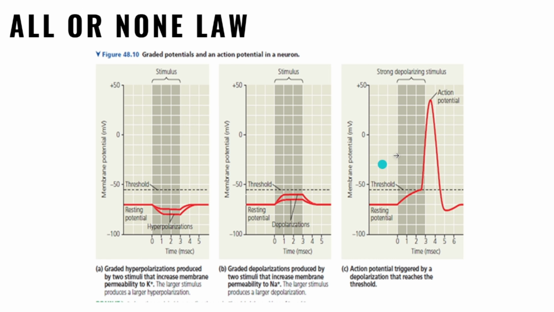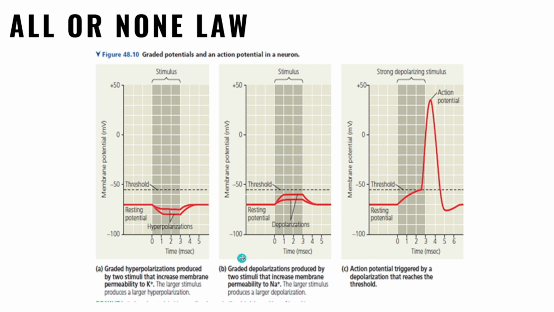Okay, another one is the all or none law. This we will focus on the threshold level. As I mentioned before, if you want to trigger an action potential, your membrane potential during the initial depolarization phase must reach the threshold level. If not, then no action potential occurs here.